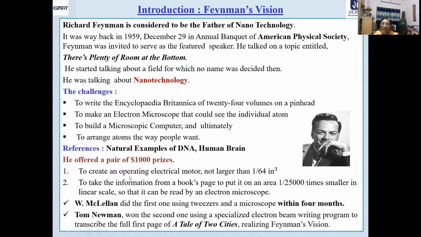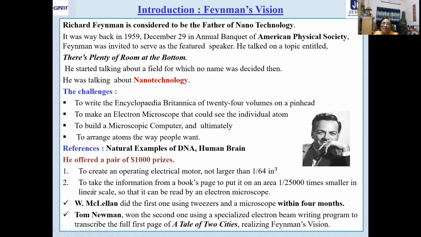So he offered two prizes, each worth $1,000. For which purposes? For the first person who can create an operating electrical motor not larger than a 1/64-inch cube.